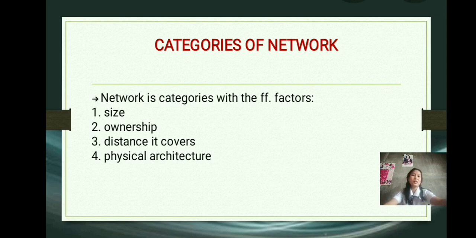Then distance, which is how far the network can cover, how far it can reach. Then physical architecture, which is the layout of a system or the representation of its structure. So that is physical architecture.